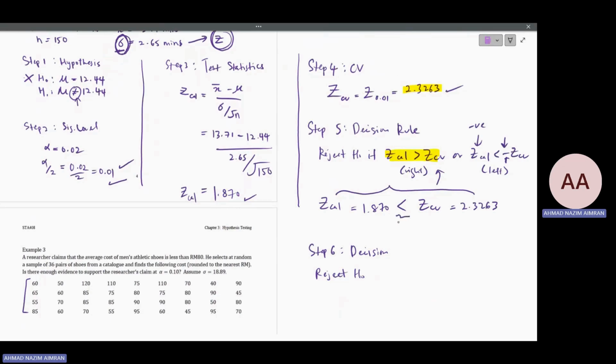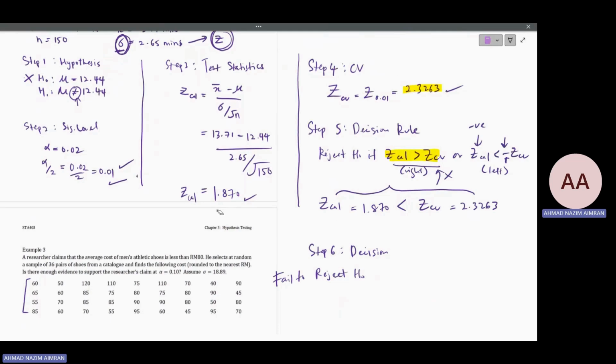Remember, positive needs to be compared with positive, and when it is less, you will need to write down fail to reject H null, because it does not comply with the decision rule.